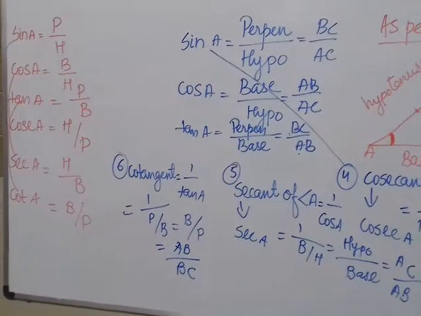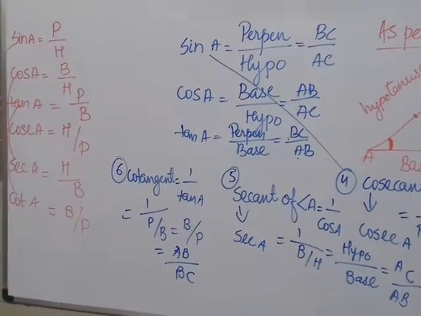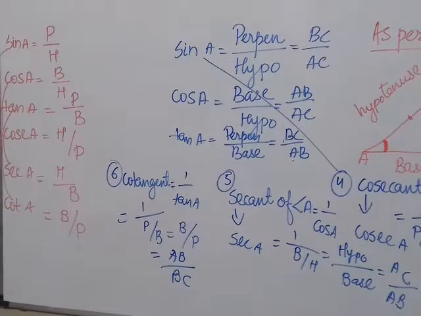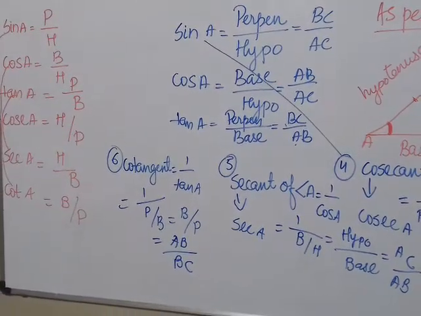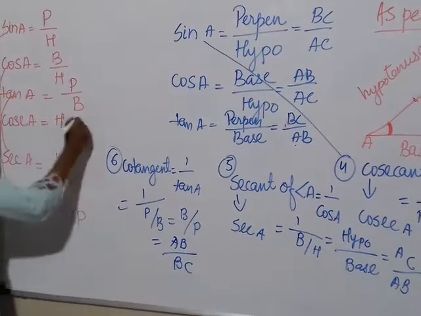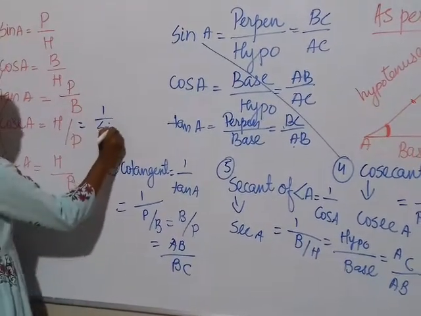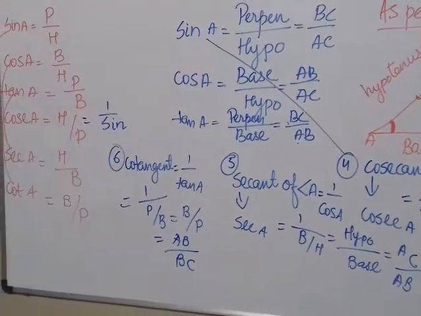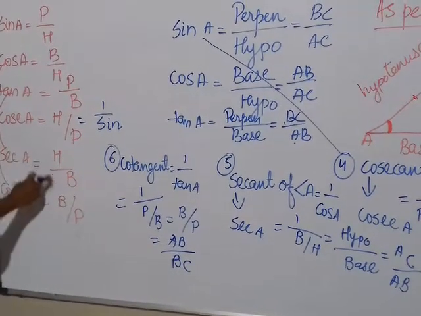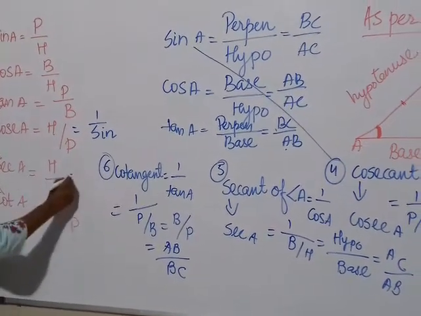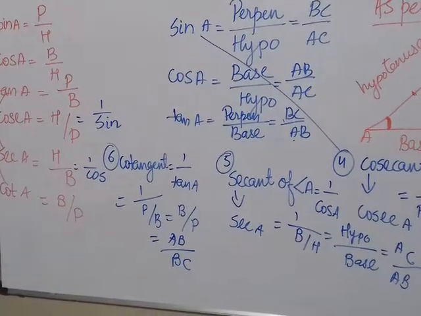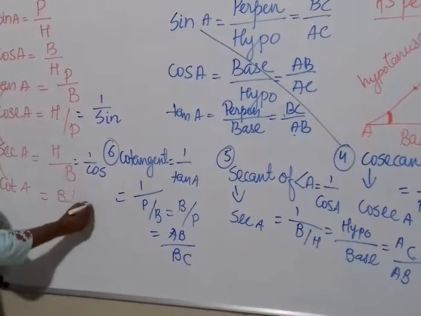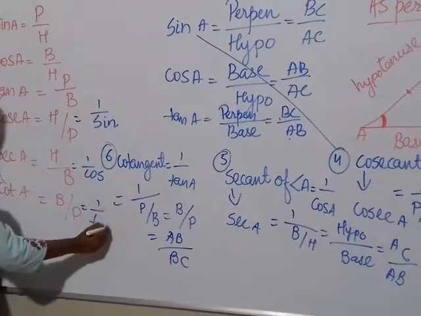Cosec is equal to hypotenuse by perpendicular, H by P, that is 1 by sine. Sec is equal to hypotenuse by base, that is 1 by cos. And cot is equal to B by P, that is 1 by tan.